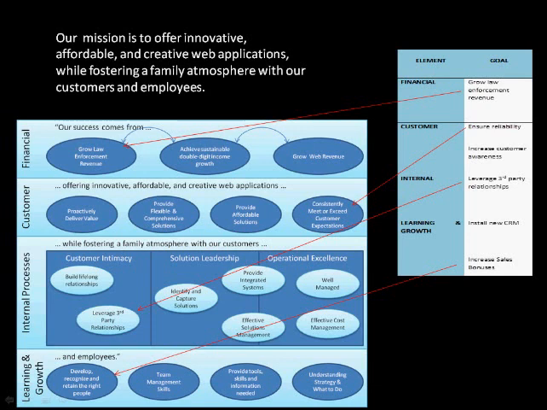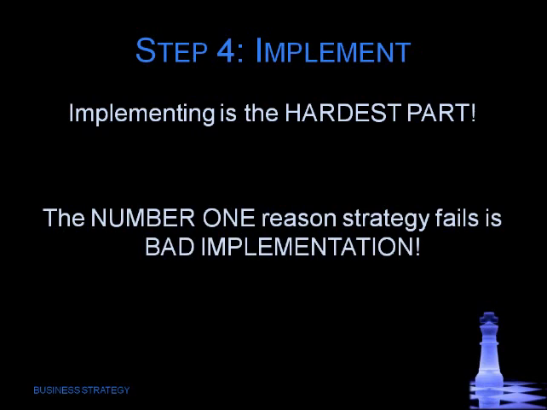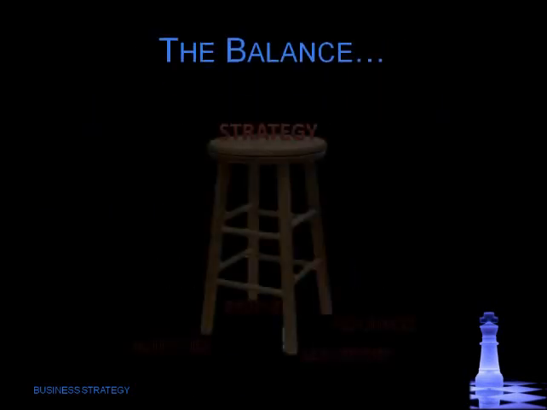Step 4 is to implement the plan. Implementation is the absolute hardest part of the whole strategic management process, so make sure you get it right. The number one reason that strategy fails and people don't get the kind of performance they expect is bad implementation. There's a balance. We talked about the strategic fit.